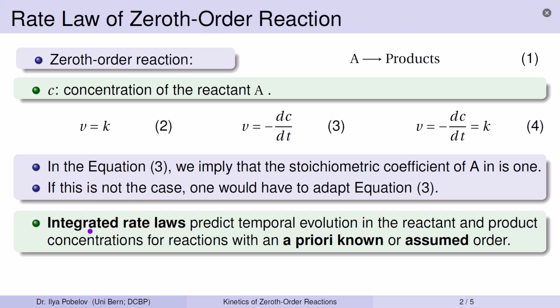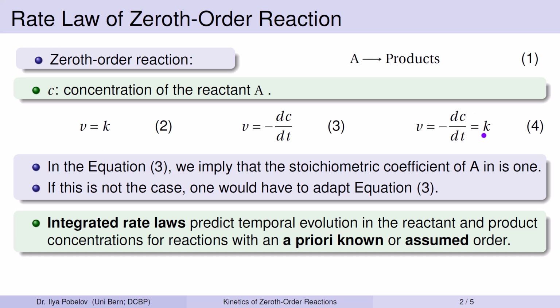In general, integrated rate laws predict temporal evolution in the reactant and product concentrations for reactions with an a priori known or assumed order. In essence, it's nothing else than a mathematical solution of a differential equation connecting the reactants' concentrations, as included in the rate law, with the rate of their change.